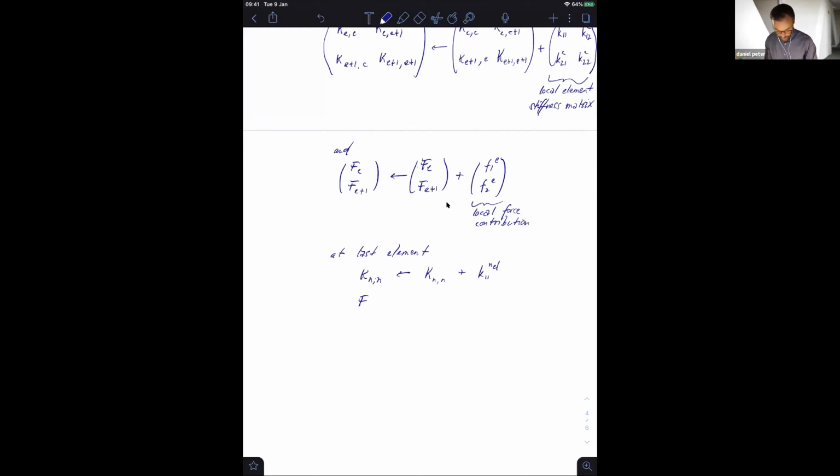And the same for the force vector, that's F_N, and here it's basically the contribution from the local force contribution at 1.